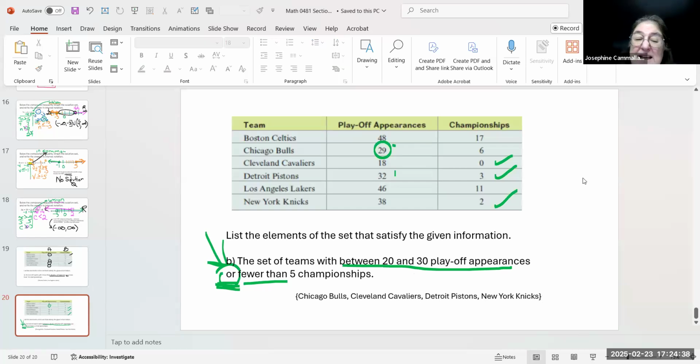Or means in this set, give me the circles and the checks together.